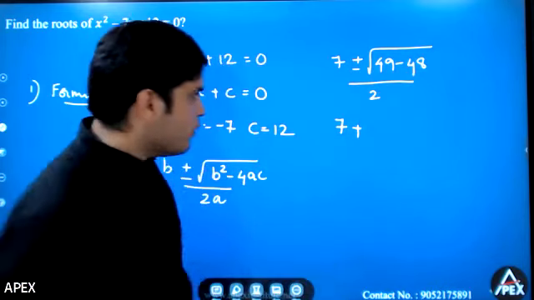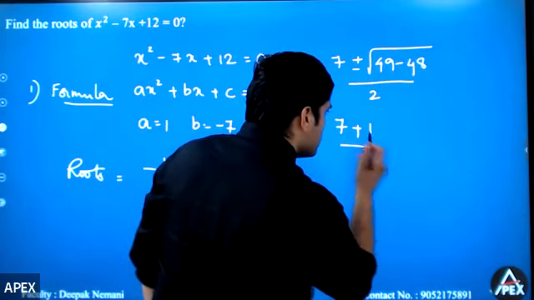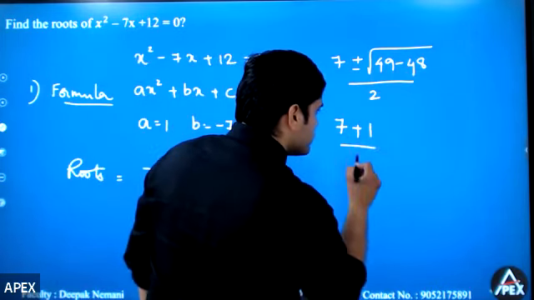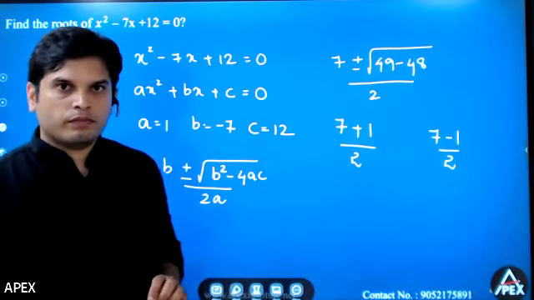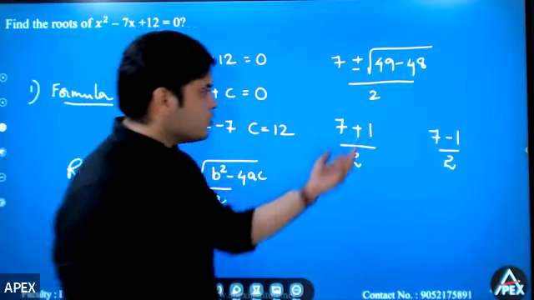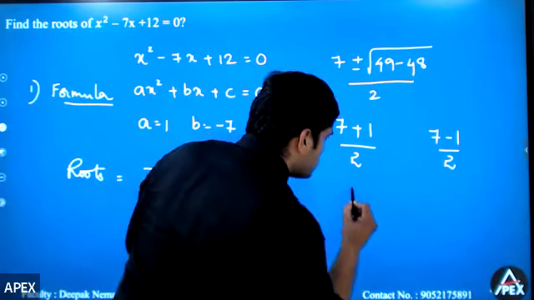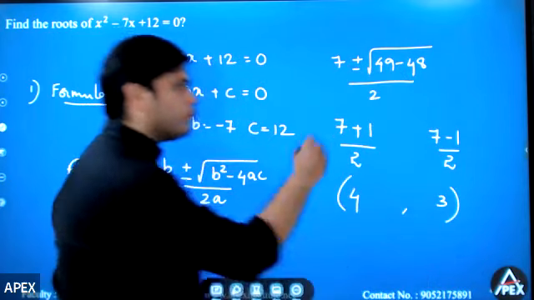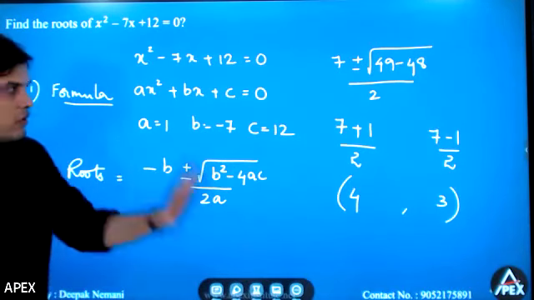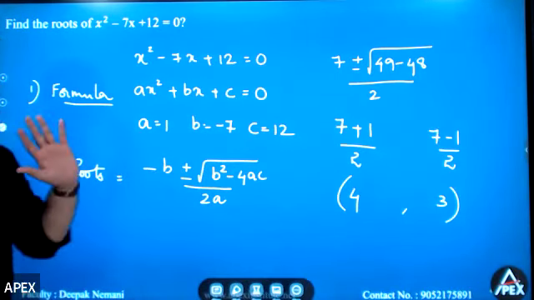Root 1 is 1, so one of the roots is 7 plus 1 by 2 and the other root will be 7 minus 1 by 2. So since this is a second degree polynomial, you will be having only two roots of any quadratic equation. Clear? So one of the roots is 7 plus 1 by 2, 4. The other root is 3. So this is using the formula method.